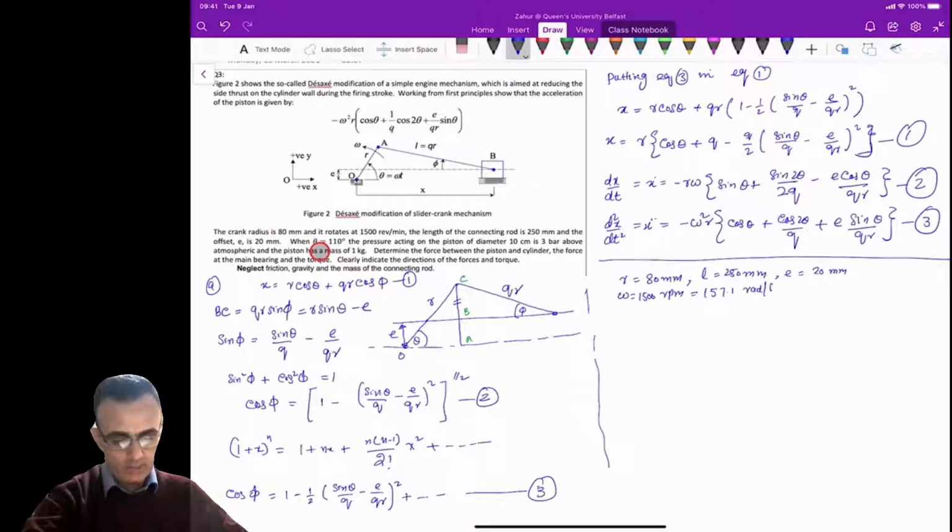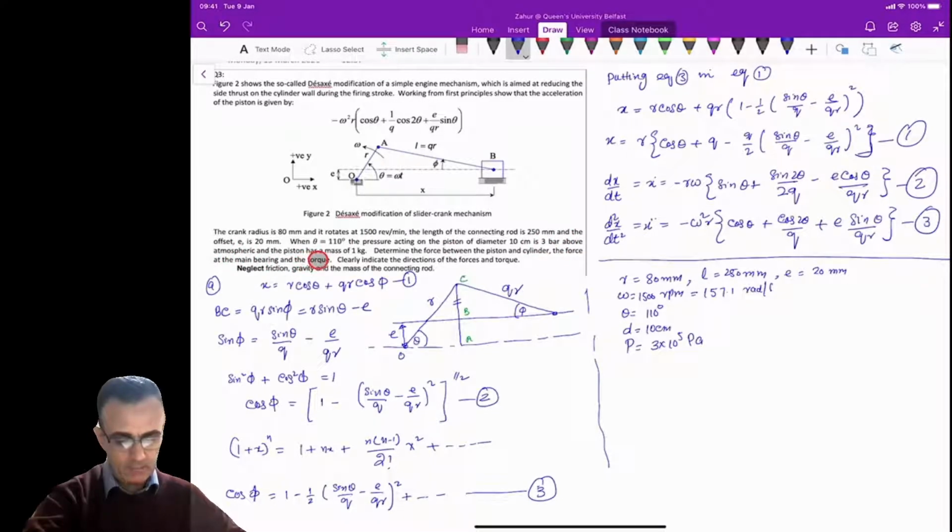And when the angle is 120 degrees, the pressure acts on the piston of diameter 10 centimeter. So the diameter of the piston is given, which is 10 centimeter here, and the pressure given is 3 bar. So bar is 10 power 5 Pascal.